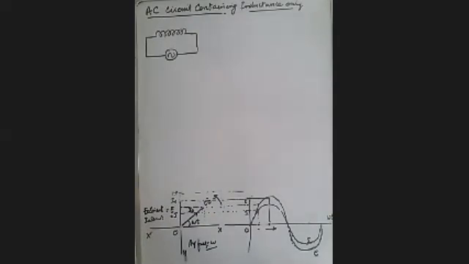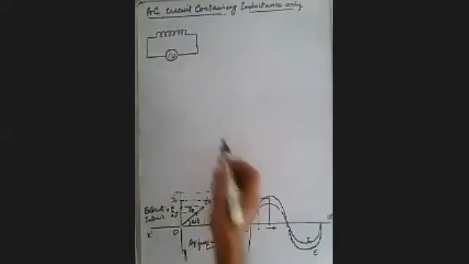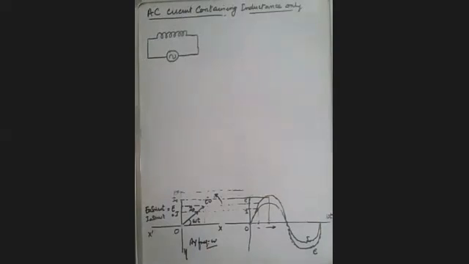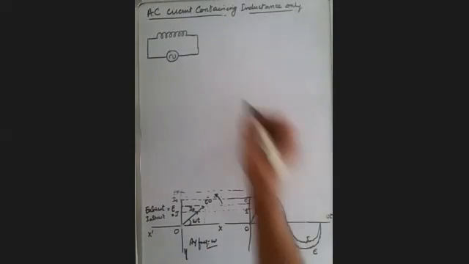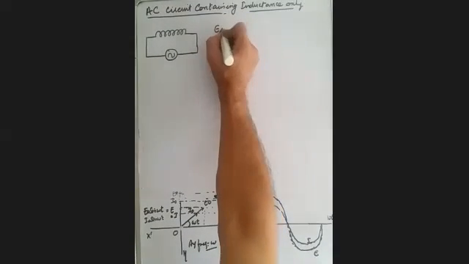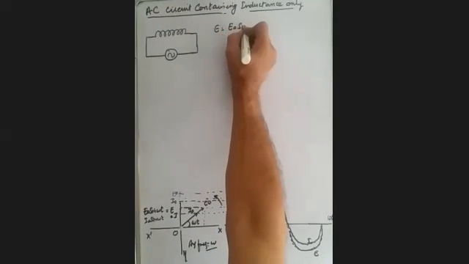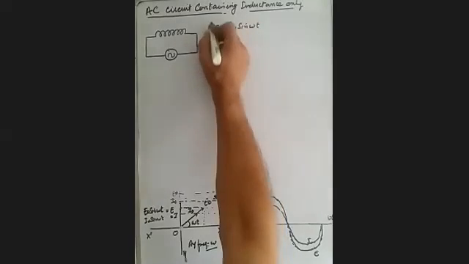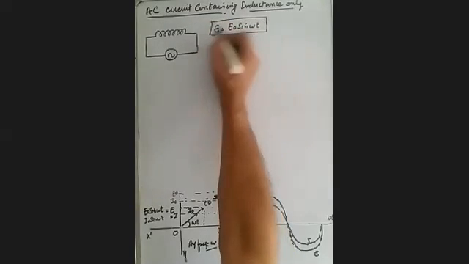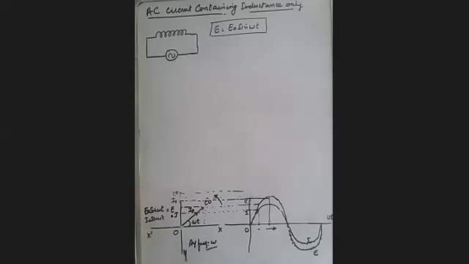Okay. Now E is the applied EMF, and E we can write as E naught sine omega t. That is, it is changing sinusoidally, and E is the instantaneous value at any time t.